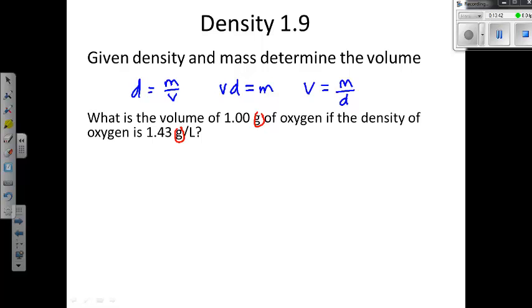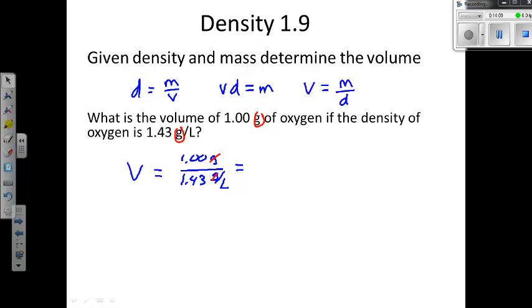Don't have to do a conversion there. And volume is equal to mass, which is 1.00 gram, divided by 1.43 grams per liter. And the grams cancel out, and 1 over liters is liters.